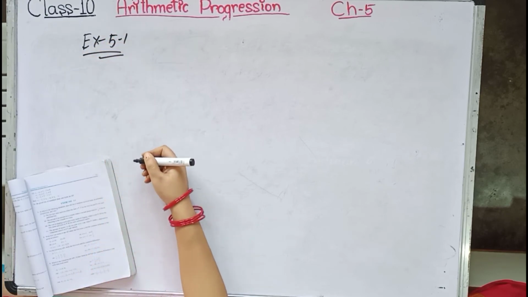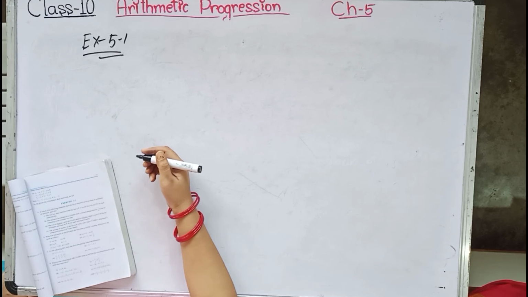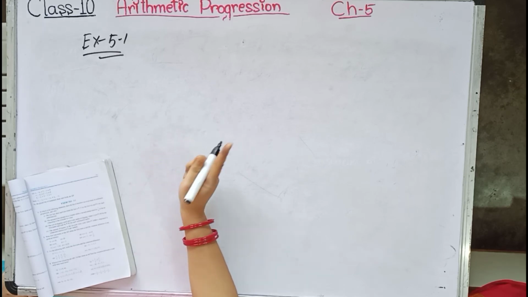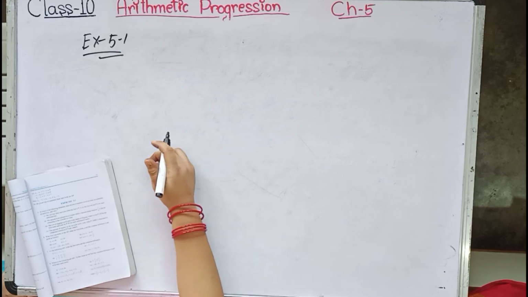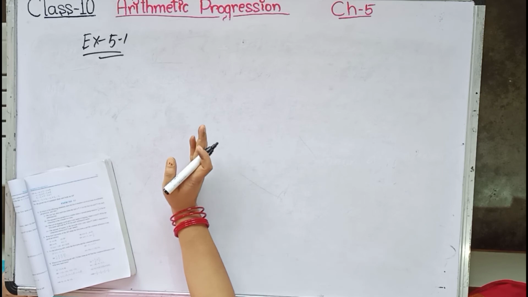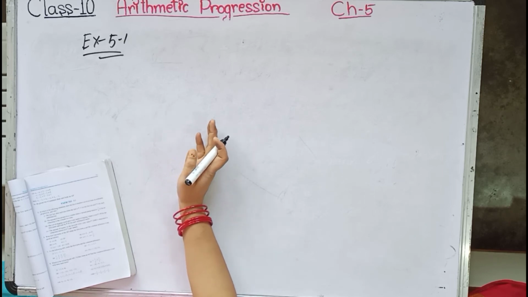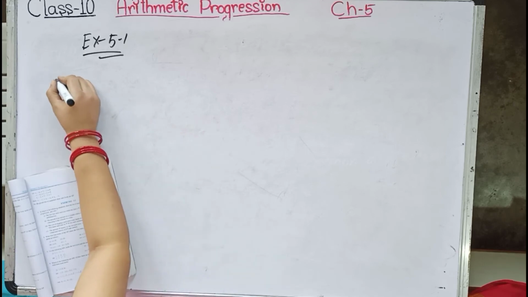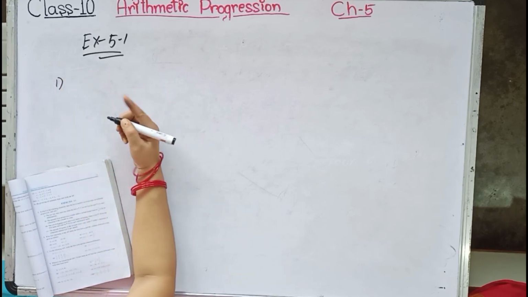Question number 1 is saying, in which of the following situations does the list of the numbers involved make an arithmetic progression and why? The taxi fare after each kilometer, when the fare is rupees 15 for the first kilometer and 8 for the additional kilometers. So number 1, taxi fare for each kilometer.